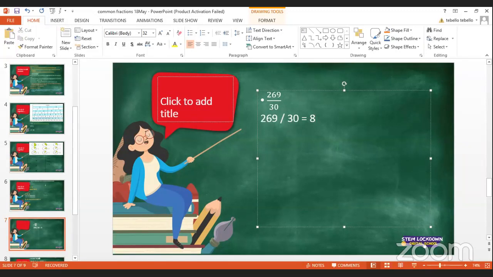So our second step will say 8 multiplied by 30. So we'll say 8 multiplied by 30 equals 240. So now we have our 240 and 8.